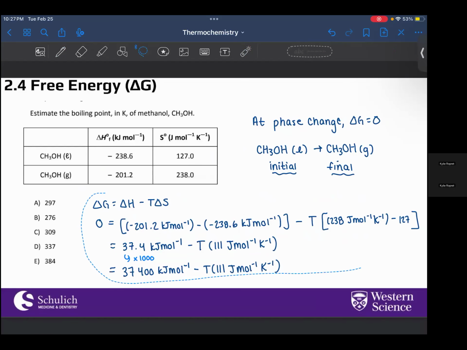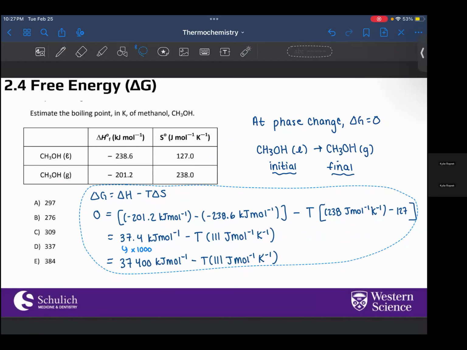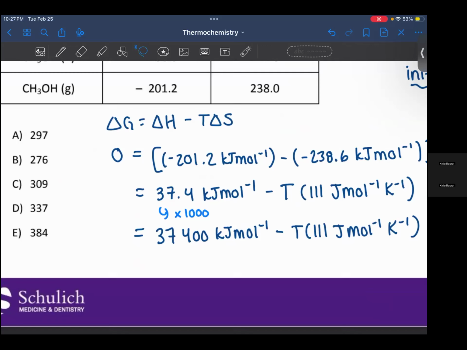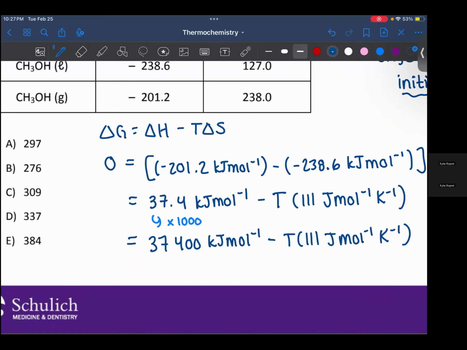And so just rearranging for T, I'm going to move this over to the other side. Sorry, this should be joules here.